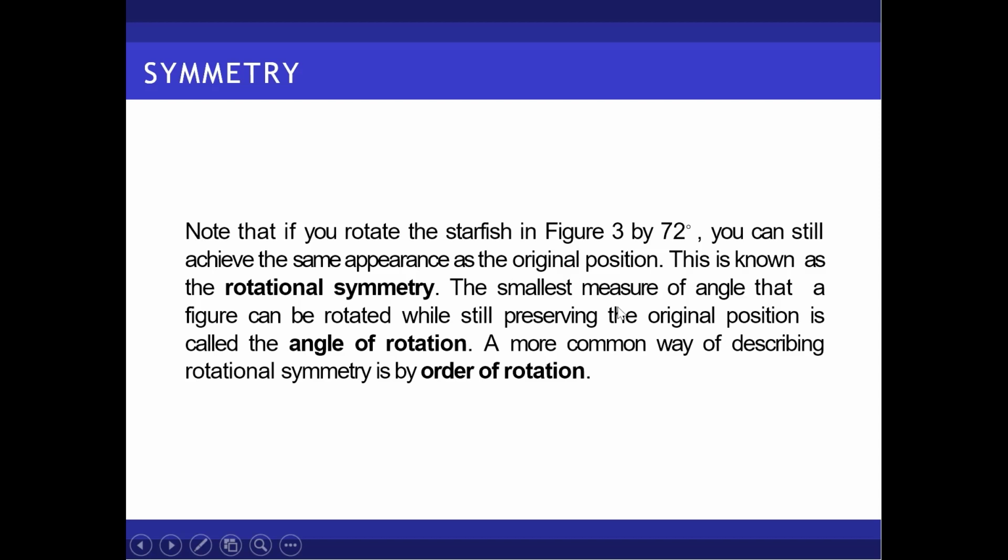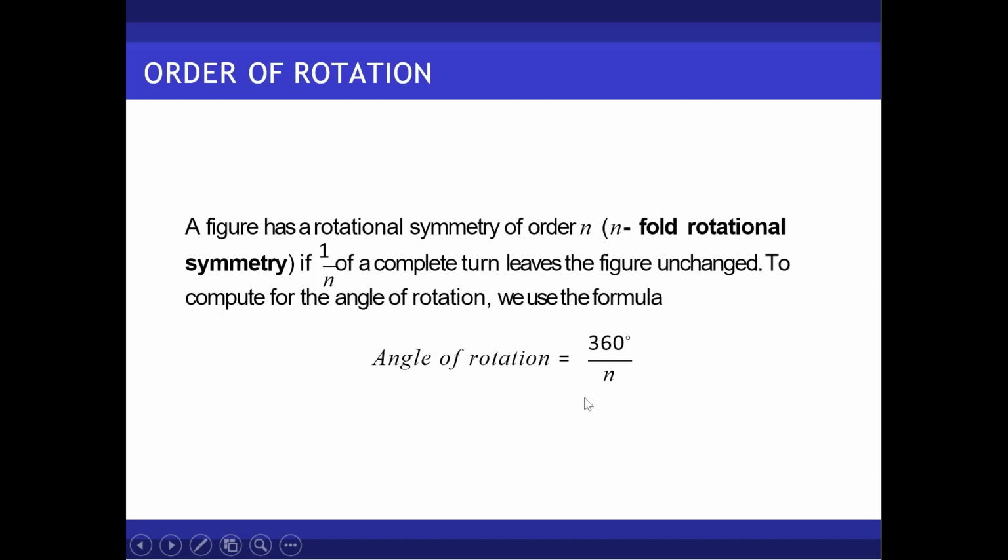This is known as rotational symmetry. The smallest measure of angle that a figure can be rotated while still preserving the original position is called the angle of rotation. A more common way of describing rotational symmetry is by order of rotation.